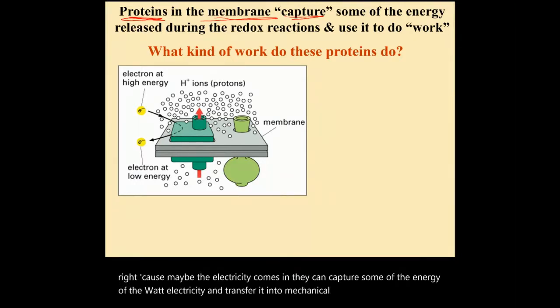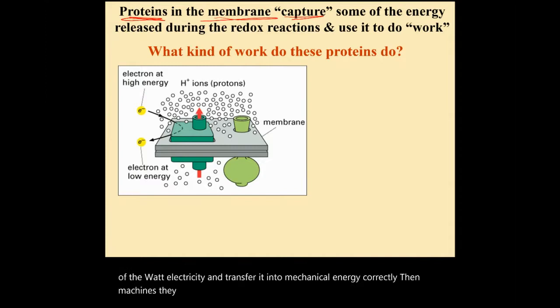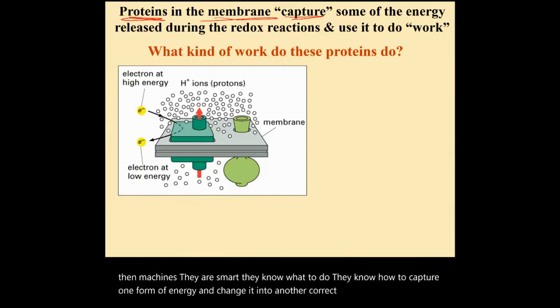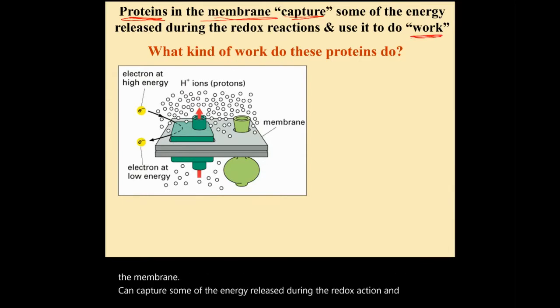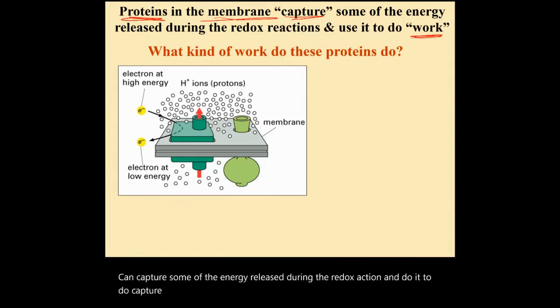Because they're machines, they're smart, they know what to do. They know how to capture one form of energy and change it into another. So proteins in the membrane can capture some of the energy released during the redox action and use it to do work.